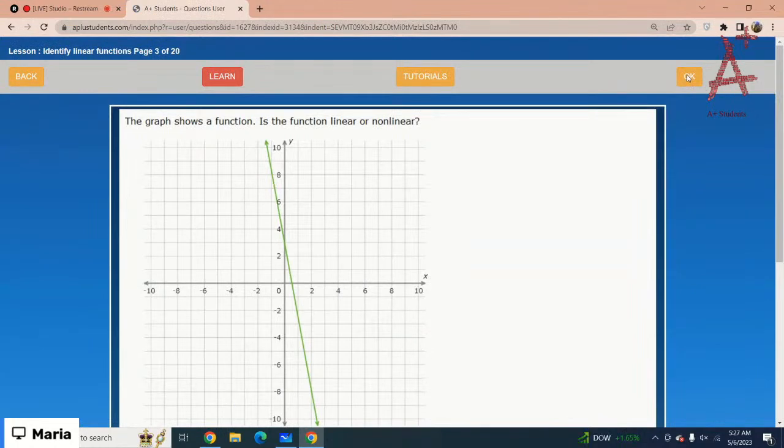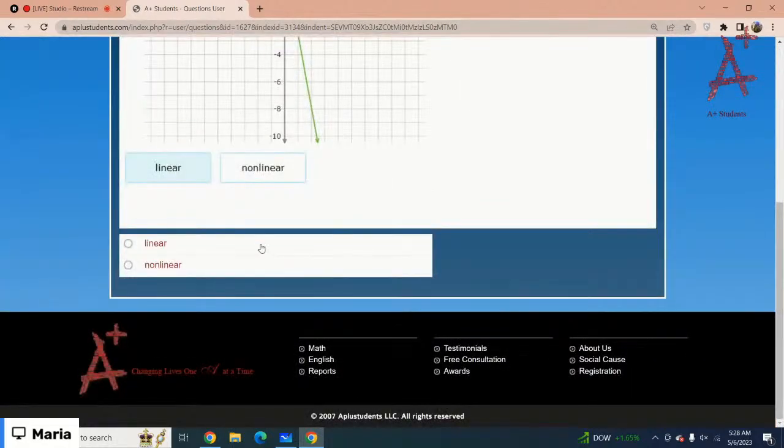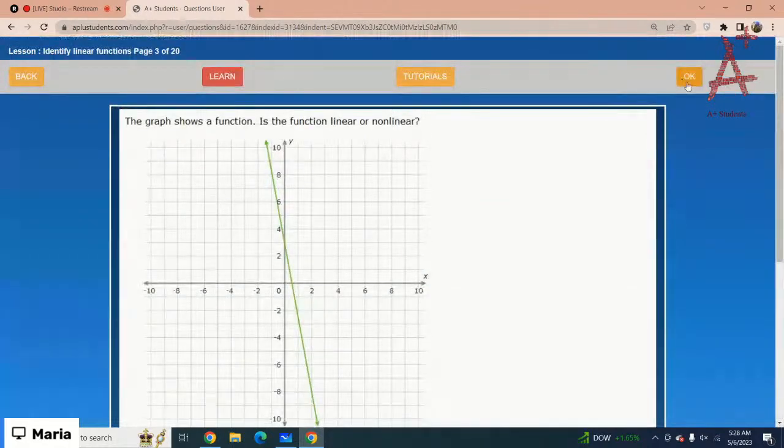Okay, the graph shows a function. Is the function linear or non-linear? It would be the linear function. The graph shows a function. Is the function linear or non-linear?